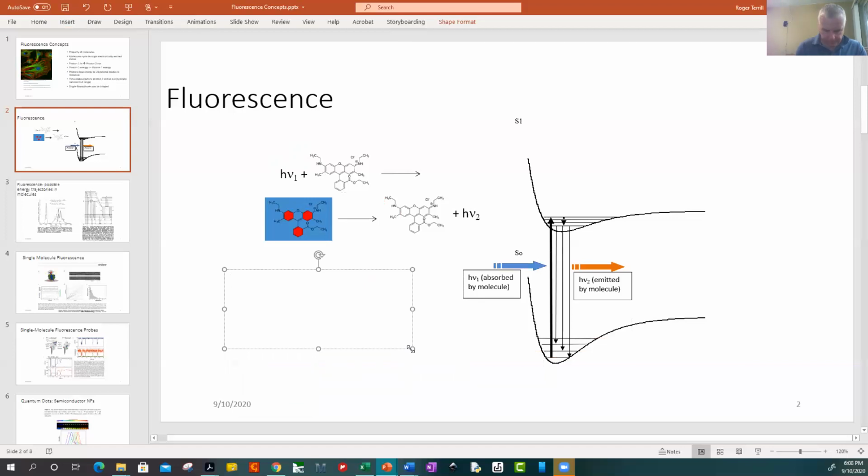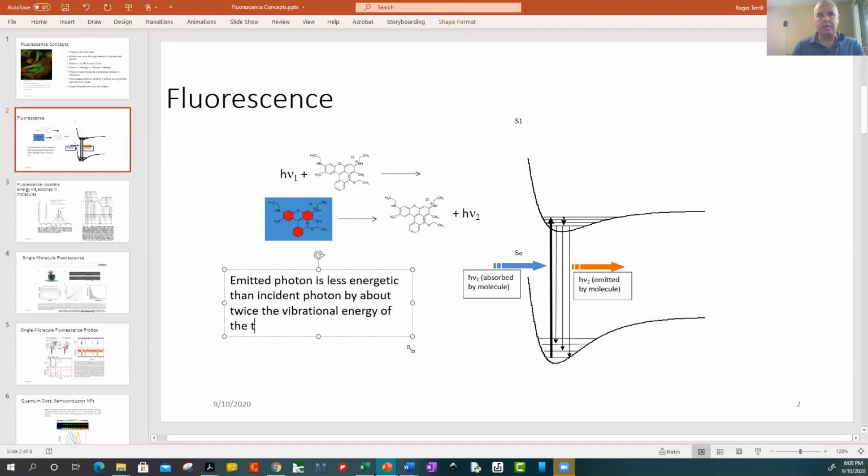So this is basically the Stokes shift here.